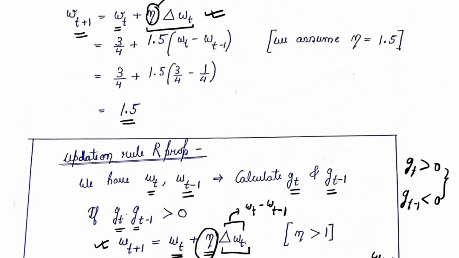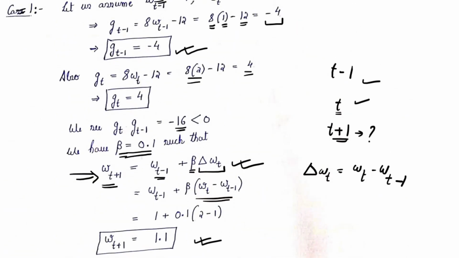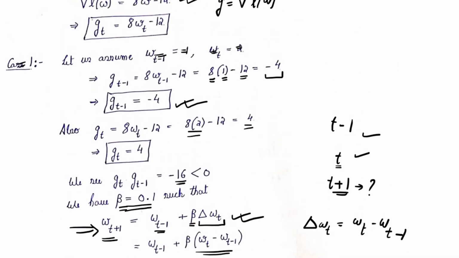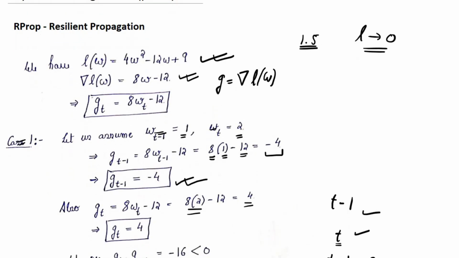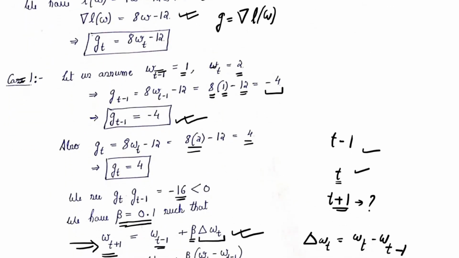In our scenario, we considered the case 1 where both the gradients were negative. So we had the value of Wt minus 1 as 1, Wt as 2. We know that the optimal value is 1.5. And now if we are selecting Wt as 2, we have already crossed the optimal value.